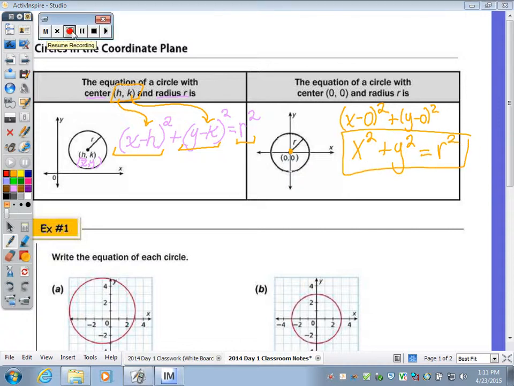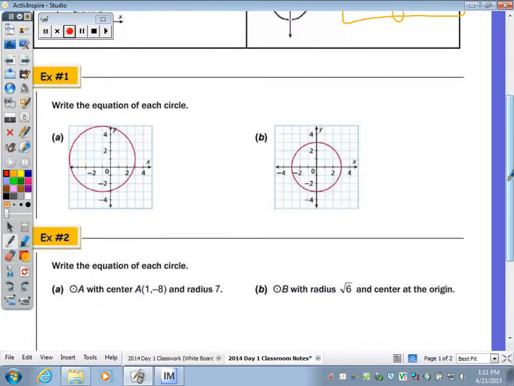All right, let's take a look at example 1, which gives us the picture of 2 circles. So again, in order to write the equation, which is what the directions are asking us to do, we need to know the center and radius. So look at these 2 circles and note your center and radius.